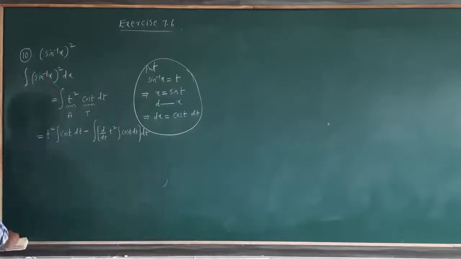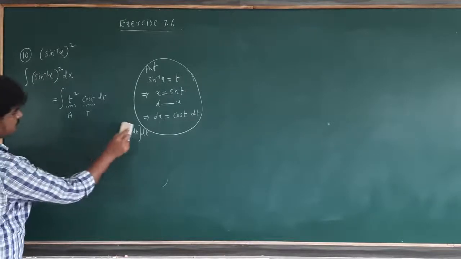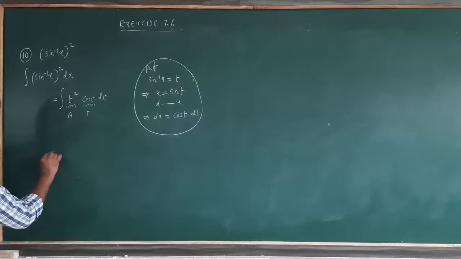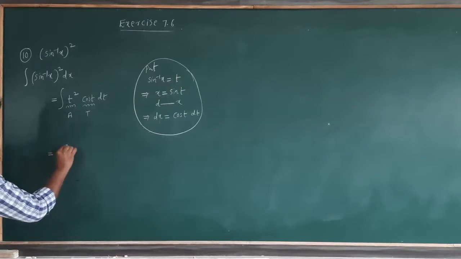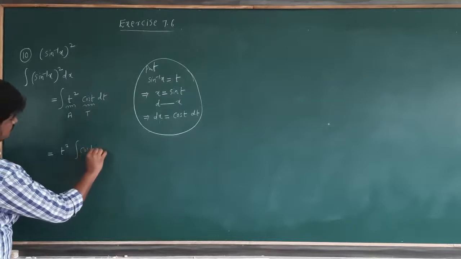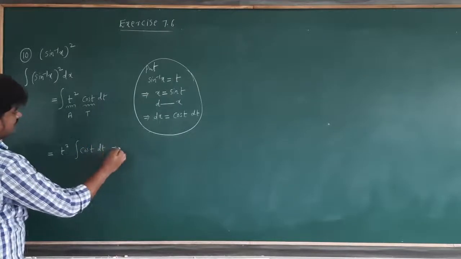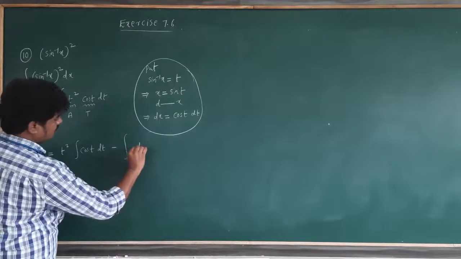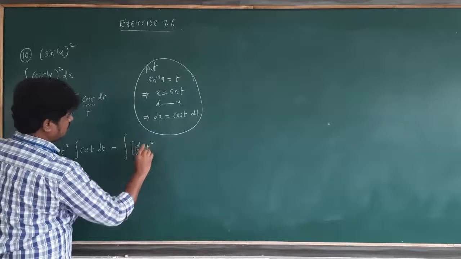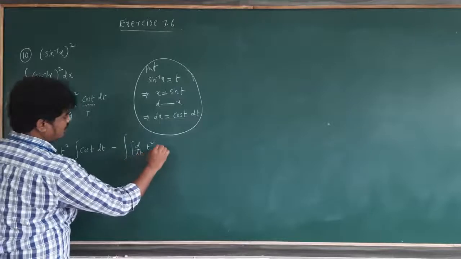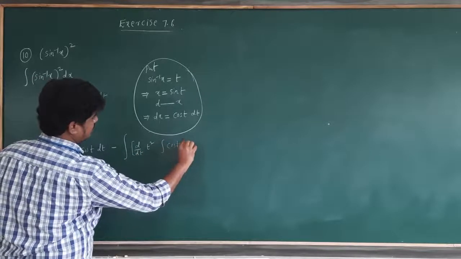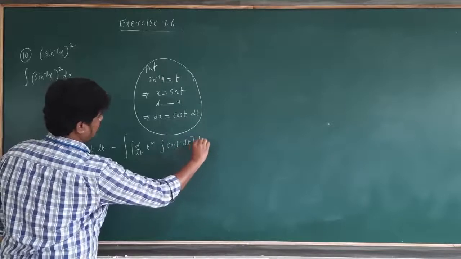Okay, if you want, I will write once again. This is equal to first function into integral of second function, minus integral of the derivative of first function, d by dt of t square, into integral of second function cos t dt, whole dt.